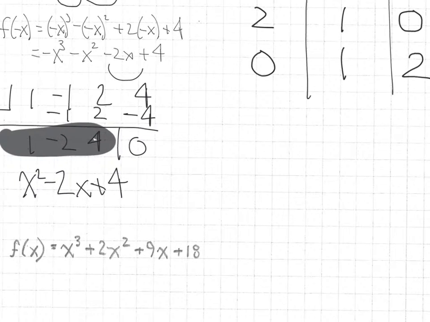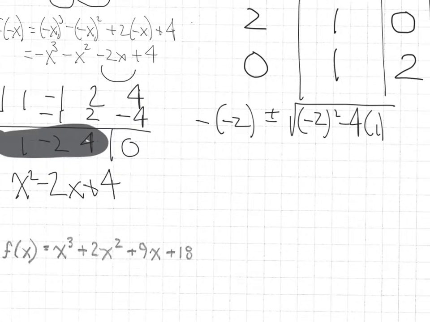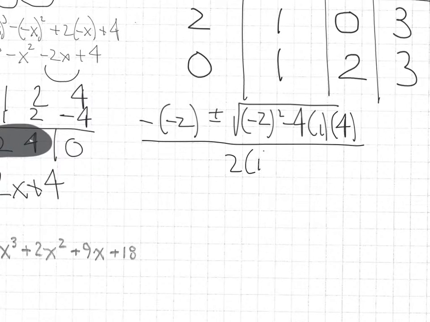All right, so negative b would be negative negative 2, plus or minus the square root of b squared, which is negative 2 squared, minus 4 times a, which is 1, times c, which in this case is 4, all over 2a, which is 1.